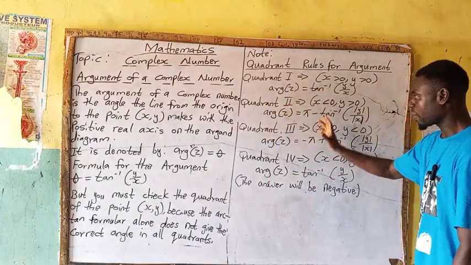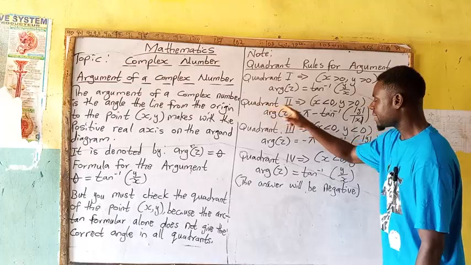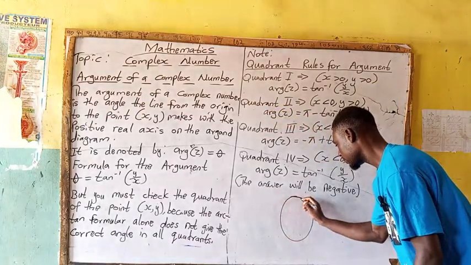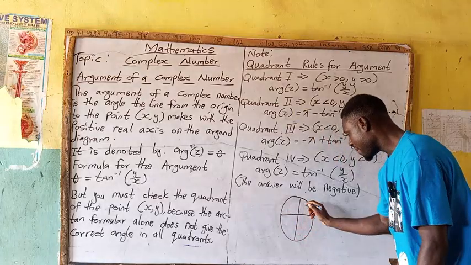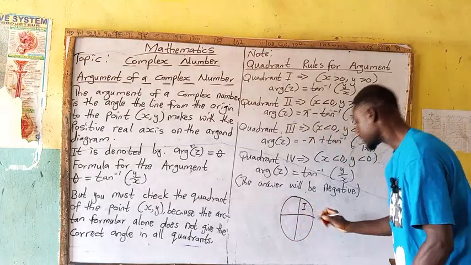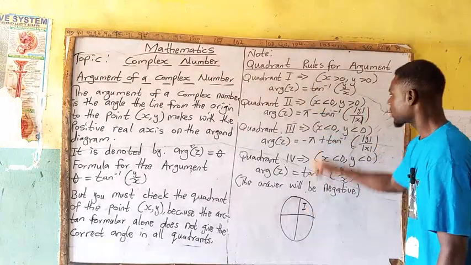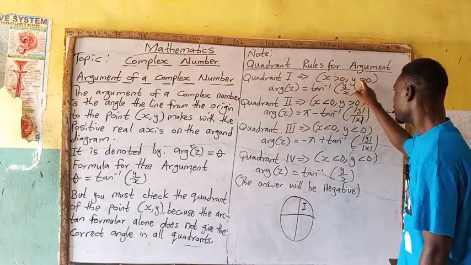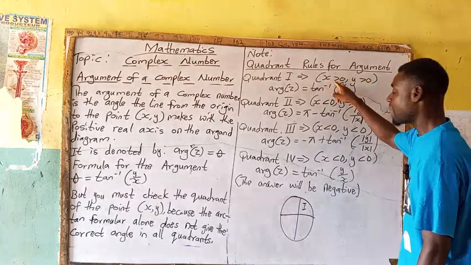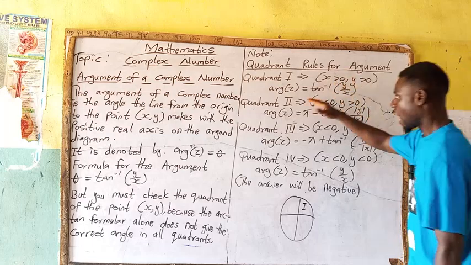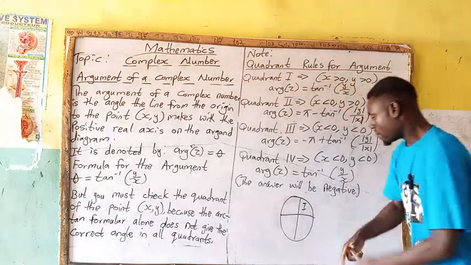For me to know that it's in the first quadrant, my imaginary number must be greater than 0, and my real number must also be greater than 0. I'm going to use this formula.